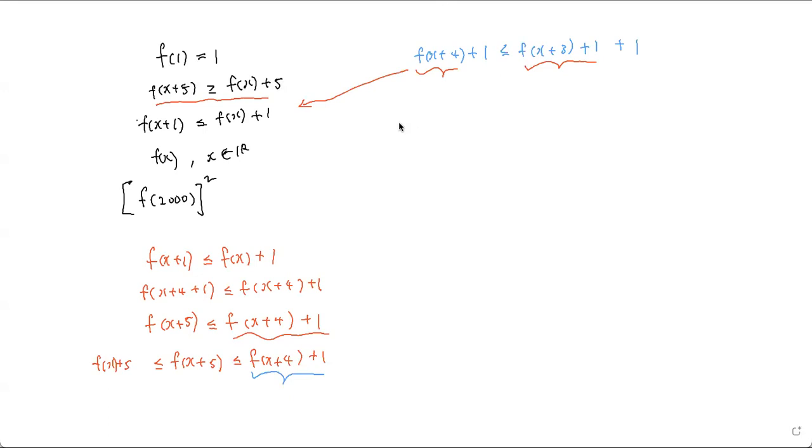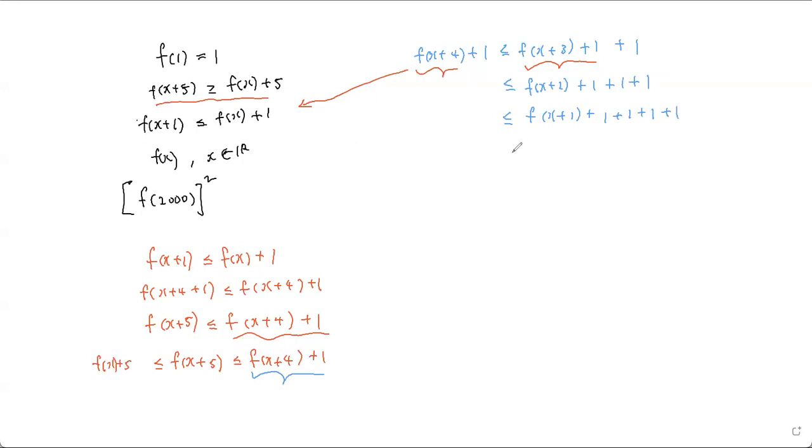Let's expand this. So this becomes f(x + 2) + 1 + 1 + 1. If you notice the pattern, I can continue, and this will be f(x) + 1 + 1 + 1 + 1 + 1.